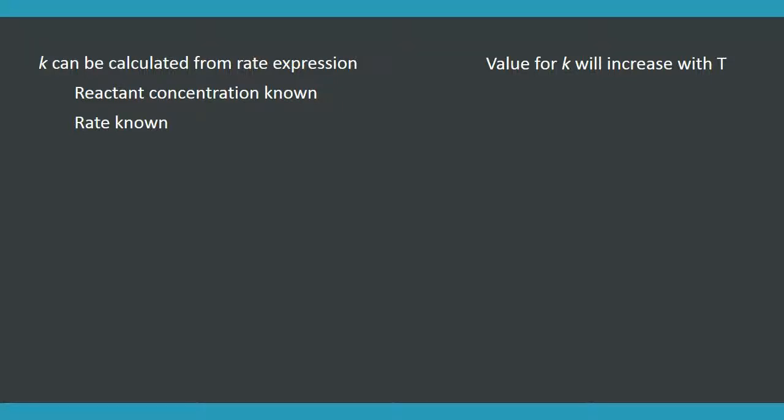The value of K will increase only with temperature. It will not change if you change concentrations of the reactants. So K is consistent for a reaction no matter the concentration of the reactants. It's only when you change the temperature of that reaction does K change. All right, again, we will touch back on that in 16.2.